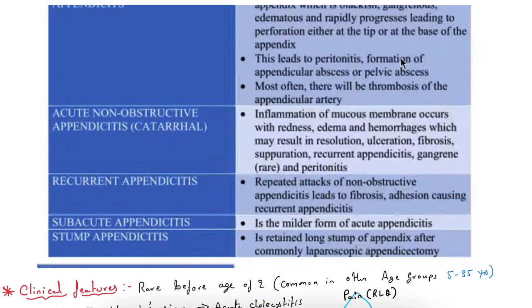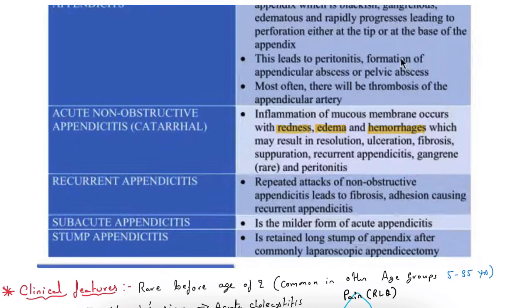This is catarrhal. How does this happen? If any inflammation happens in the mucosal membrane, we can see redness, edema and hemorrhage, which may result in resolution, ulceration, fibrosis, suppurative or recurrent appendicitis; gangrene will be very rare, and peritonitis.